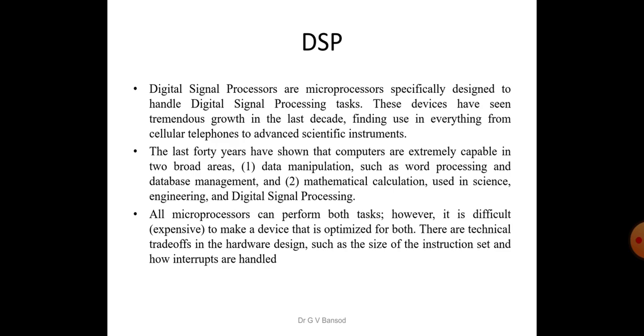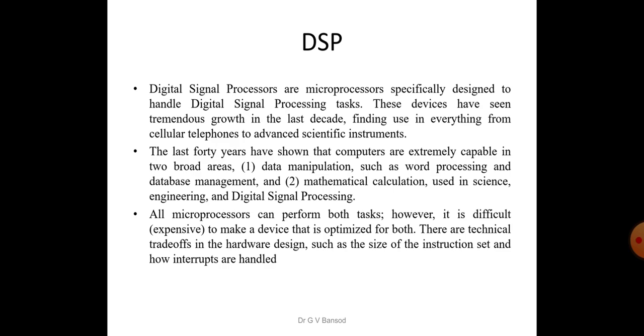And in the last 40 years, the computers are extremely capable in doing data manipulation and also the mathematical calculation. And all microprocessors can perform both these tasks, data manipulation as well as mathematical calculation, but it is very difficult to design the microprocessor which is optimized for manipulation as well as for the mathematical calculation.